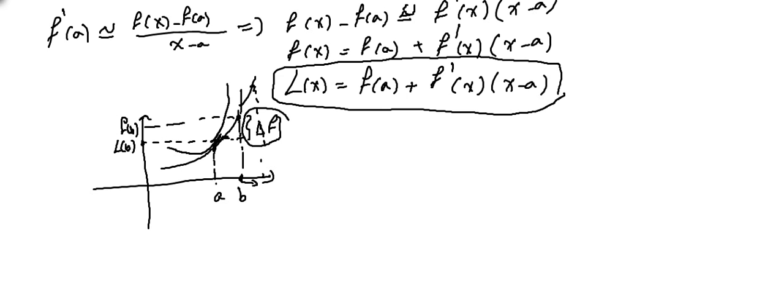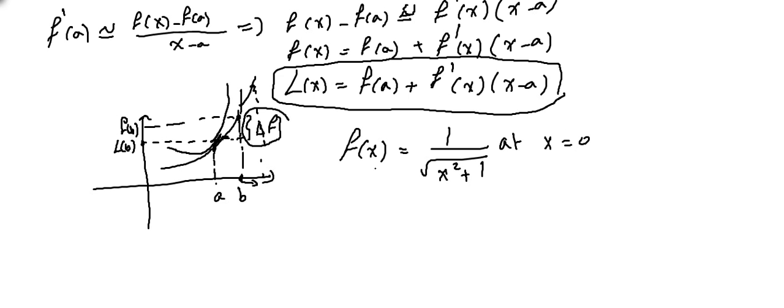Let's say find the linearization of f of x equal 1 over radical x squared plus 1 at x equals 0. Let's find this linearization. L of x is f of a, right? We need f of 0 then, and f of 0 is equal to 1 over radical 0 squared plus 1, so it is equal to 1.